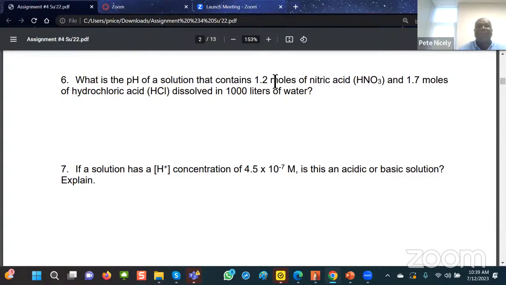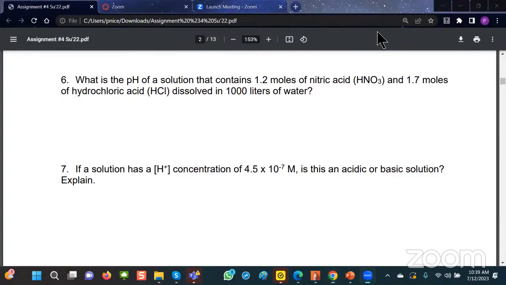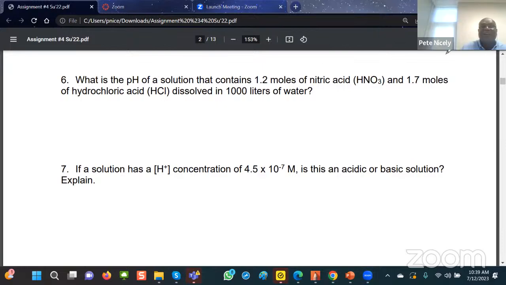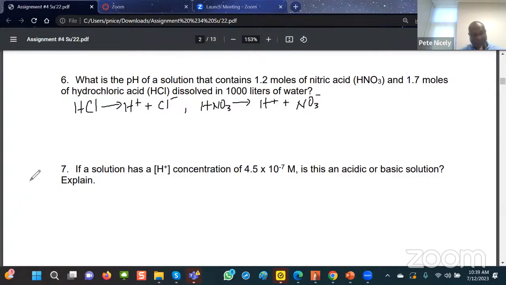Okay, in other words, write down the equations. So for hydrochloric acid, that dissociates to form H plus and Cl minus. And for the nitric acid, that dissociates to form H plus and NO3 minus. Okay. What next?